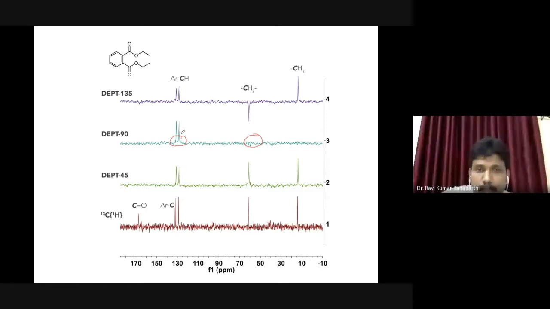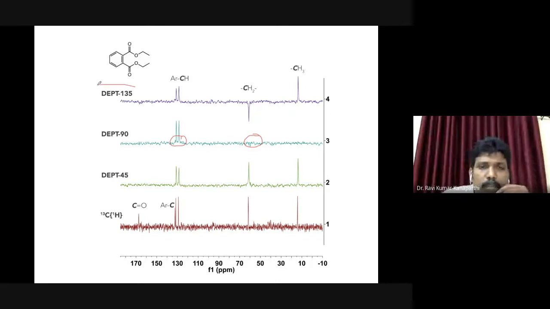When it comes to the 90, according to the point which I mentioned, this will give you only the tertiary. So here only these 2 signals are present, right? Therefore, you can confirm these are the tertiary, and the other 2 signals you can interpret to be either primary or secondary.